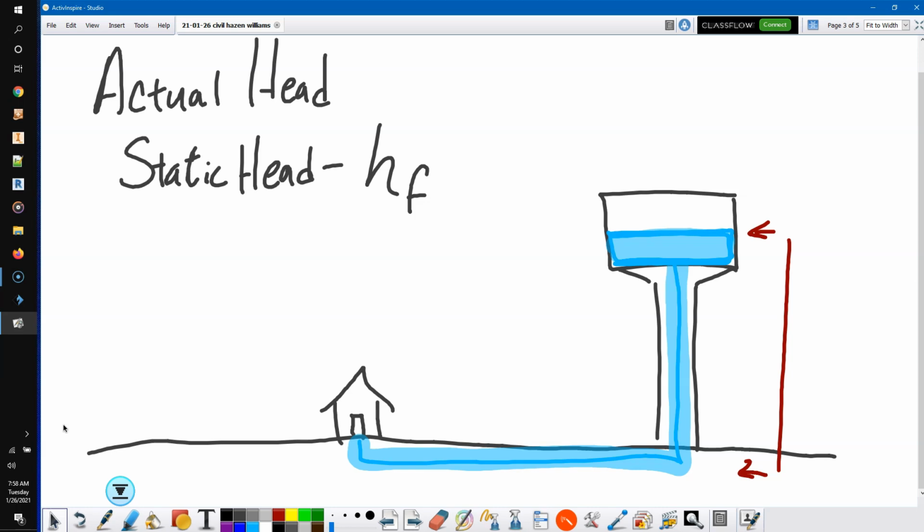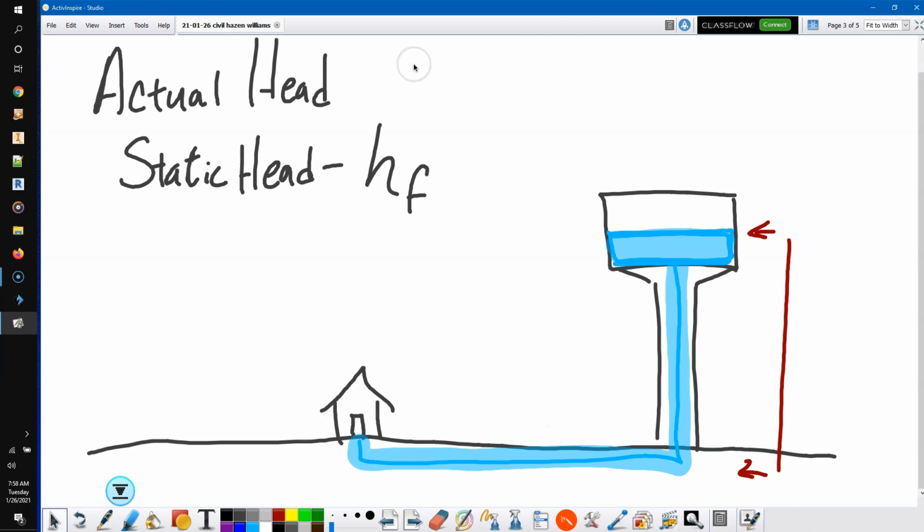There's more friction there, so it slows the water down. Also, as it moves through different fittings, such as elbows, 45-degree turns, and valves, it loses head. That friction reduces the static head value to the actual head. So to find actual head, you need static head minus the friction loss because of the system.